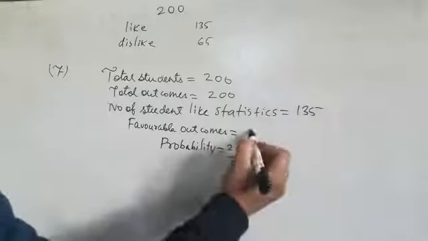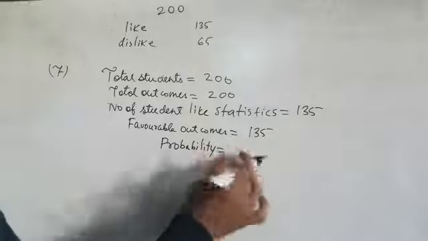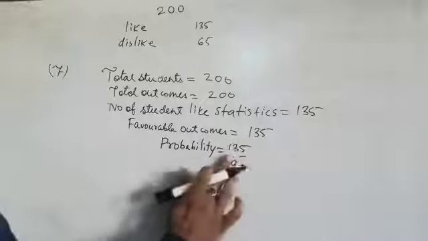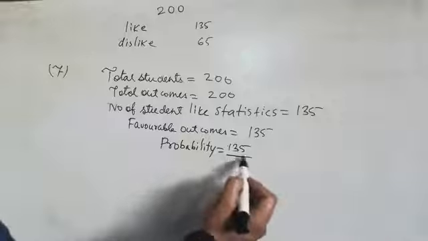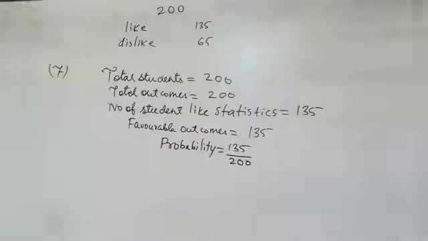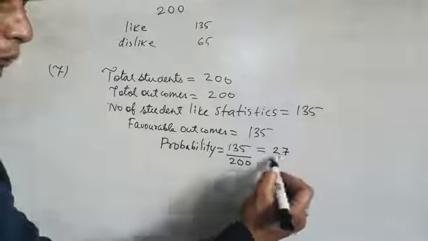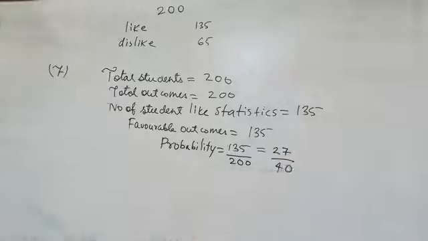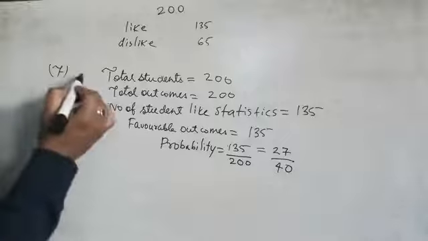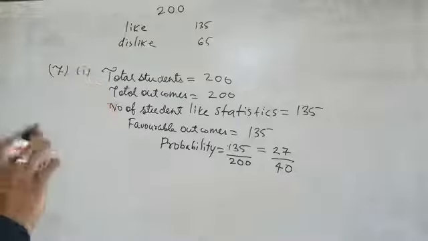So favorable outcome will also be 135, and this will be 135 upon 200. So we can cancel this with the 5 table. On cancellation with the 5 table, it will come to 27 upon 40. 40 into 5 is 200, and 27 into 5 is 135. So this is the first part of question seventh.